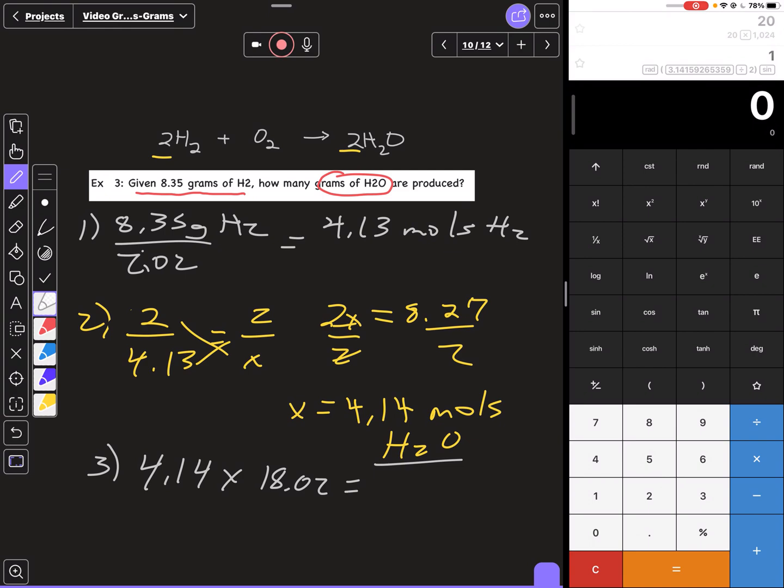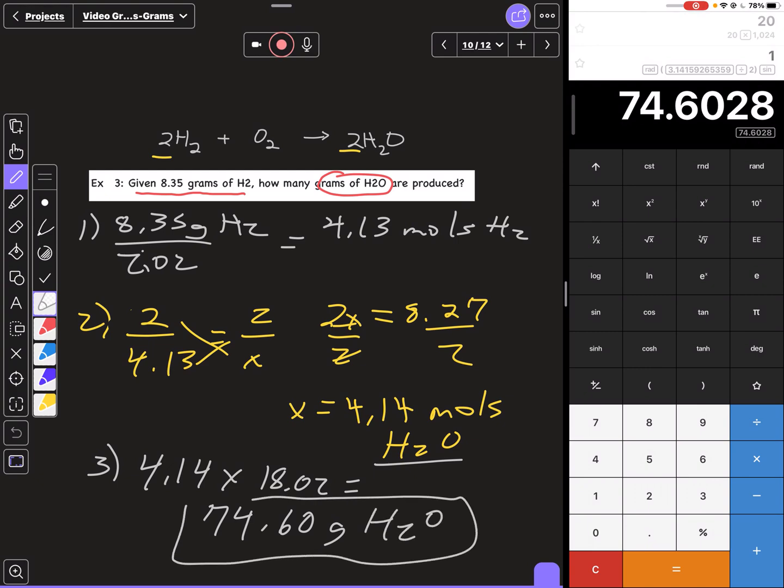I already know these, so it's a little bit less time working these problems. 4.14 times 18.02 gives you 74.60. And that's going to be grams of H2O.